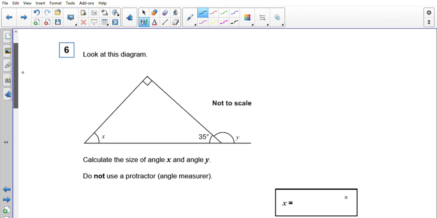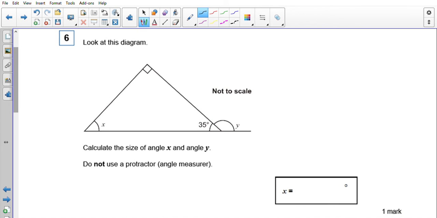Number 6, look at this diagram. Calculate the size of angle X and angle Y. So, things that we need to know: internal angles of a triangle, 180 degrees. We know that this is 90 degrees. We are given 35. X must be what is left when I have added 35 to my 90.